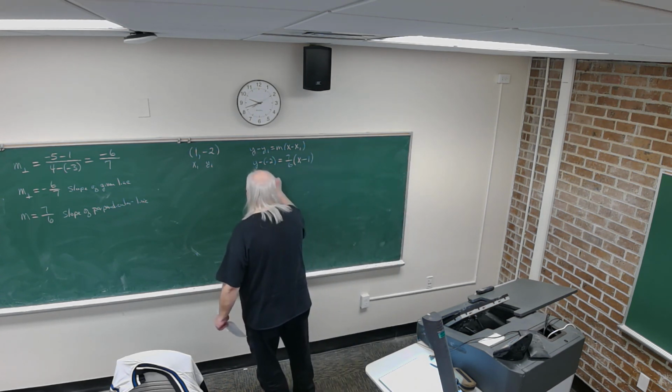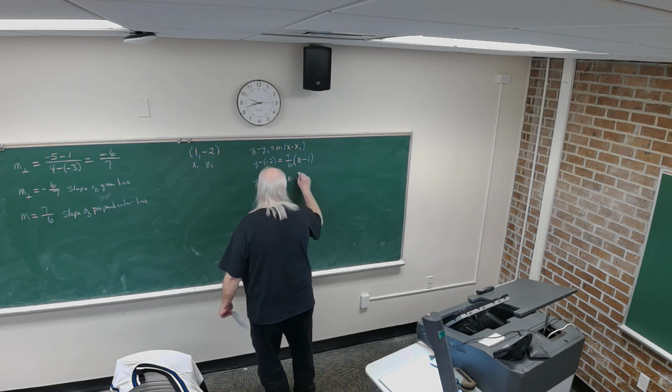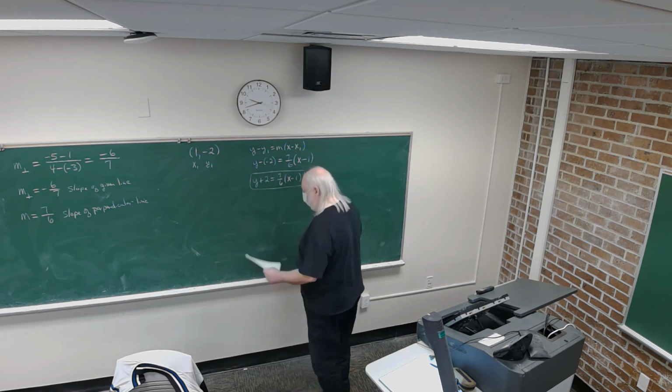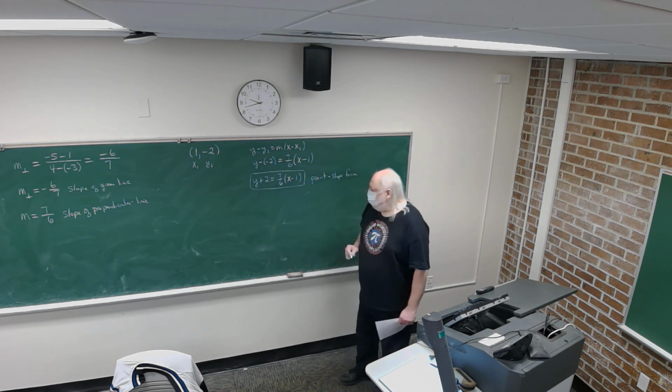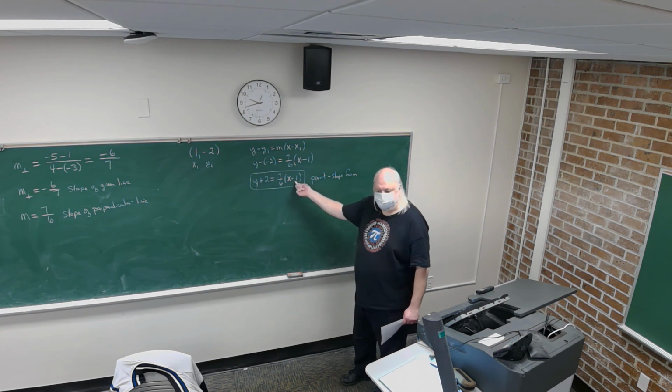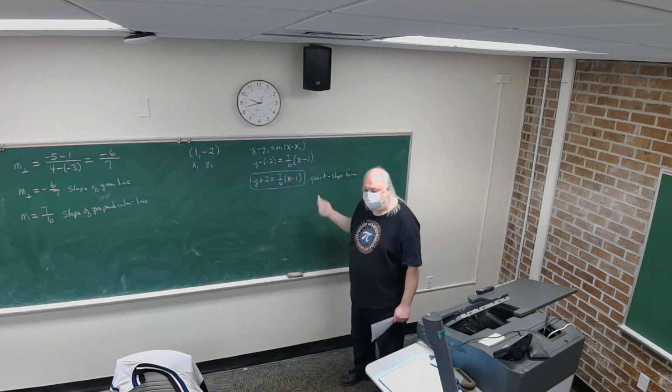So we have y plus 2 is equal to 7/6 times x minus 1. So that's the equation of the perpendicular line in point slope form. And now to get it in slope intercept form, we distribute the 7/6 inside the parentheses and then subtract 2 from both sides.